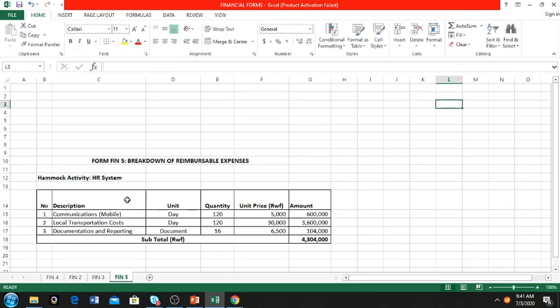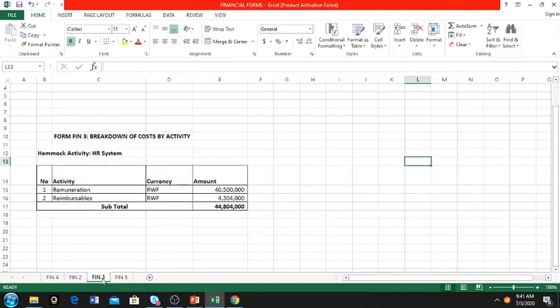So now, what do we have here? You see that we have quantities. When you have units, when you have items like this and unit, and you have quantities, and then unit prices. So this is parametric.